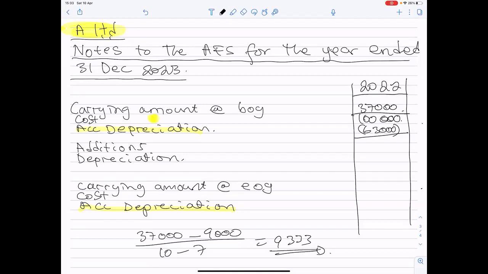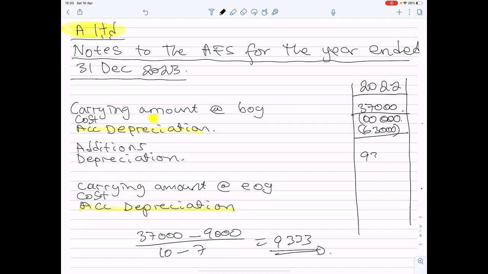Now, you will notice that our depreciation has increased. Why has it increased? Because we have also increased the depreciable amount. We were subtracting 10, now we are only subtracting 9,000. So the amount that is depreciable, before it was supposed to be 37 minus 10, where you get 27, but now it is going to be 28,000 divided by 3. You get 9,333.